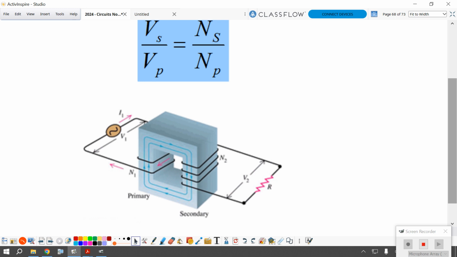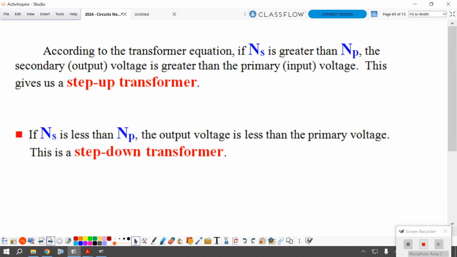The number of coils that we have on the different sides, and you should know it's usually more than two, helps to figure out what's going on. According to the transformer equation, if the number of coils on the secondary side is greater than the primary, the secondary, or output, voltage is going to be greater than the primary.